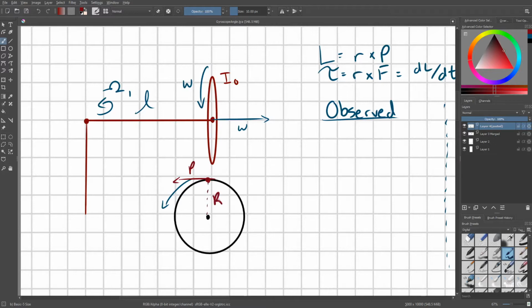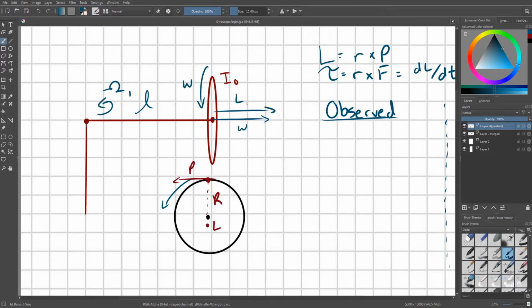And here's our radius right there. So let's go ahead and use the right hand rule, knowing that L is the cross product between R and P. If we do that, the thumb is R, the pointer is P, our middle finger will point out towards us.